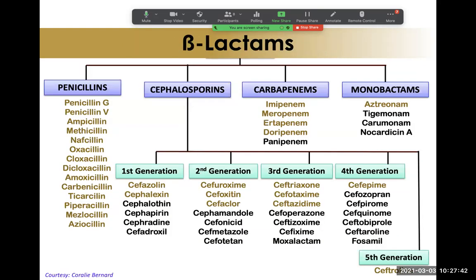So the beta-lactams. When people discovered that the bacterial cell wall is unique, that didn't really result in the identification of the first antibiotic.